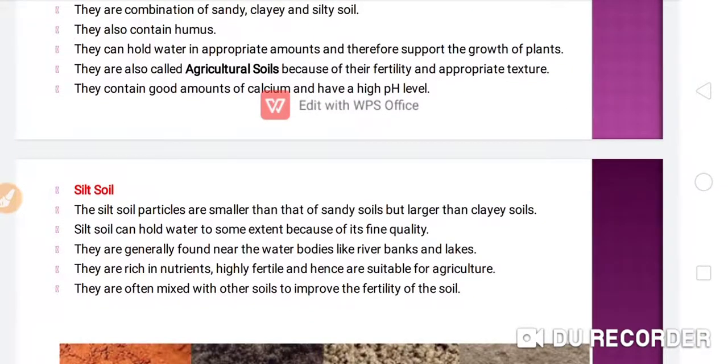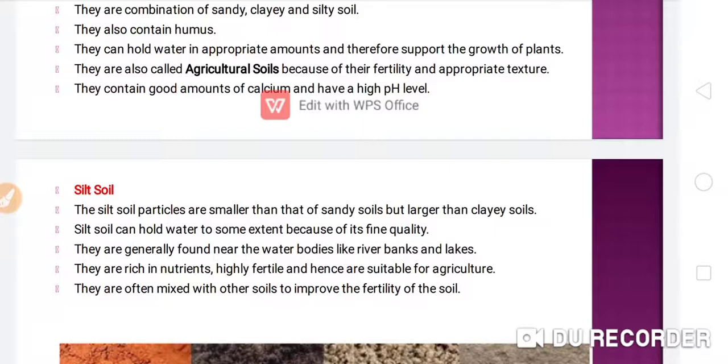Now next is silt soil. The silt soil particles are smaller than those of sandy soils but larger than clay soils. Silt soils can hold water to some extent because of their fine quality. They are generally found near water bodies like rivers, banks and lakes.